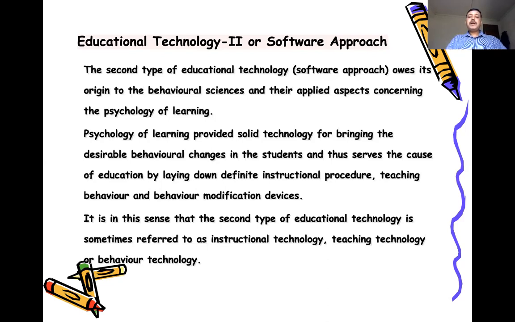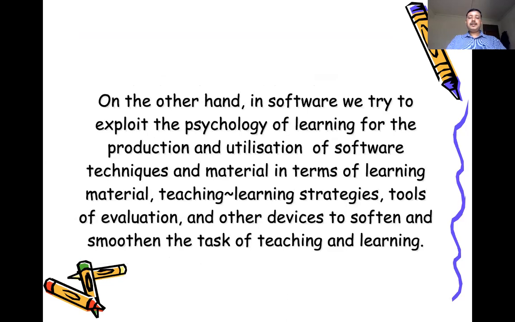Psychology of learning provides solid technology for bringing the desired behavior changes in the students and serves the cause of education by laying down definite instructional procedure, teaching behavior and behavior modification devices. It is in this sense that the second type of education technology is sometimes referred to as instructional technology, teaching technology, or behavioral technology.